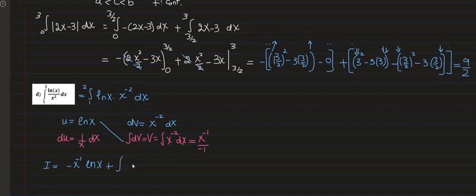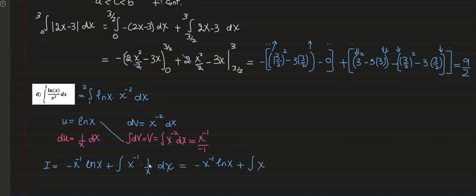The integration is going to be x to the power of -1 times 1 over x, which is again x to the power of -1 dx. So we can combine these together.